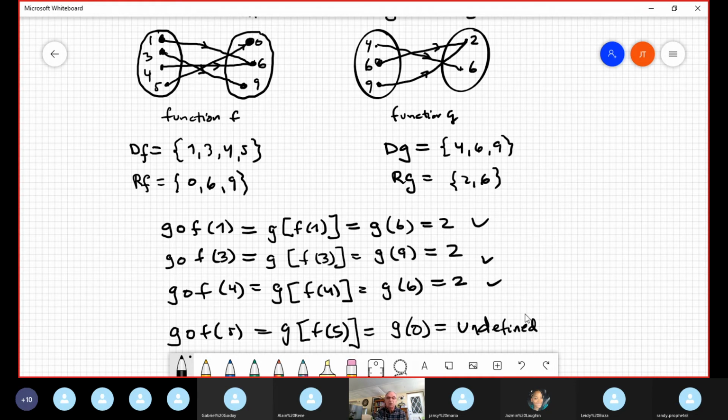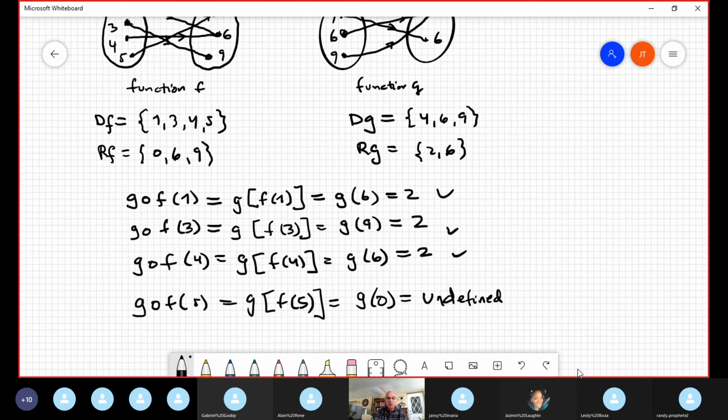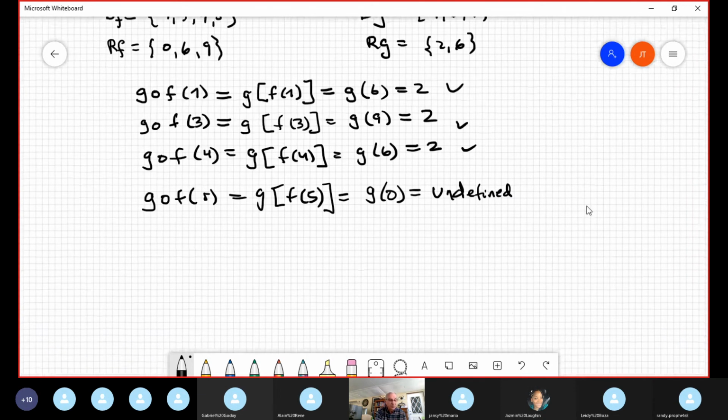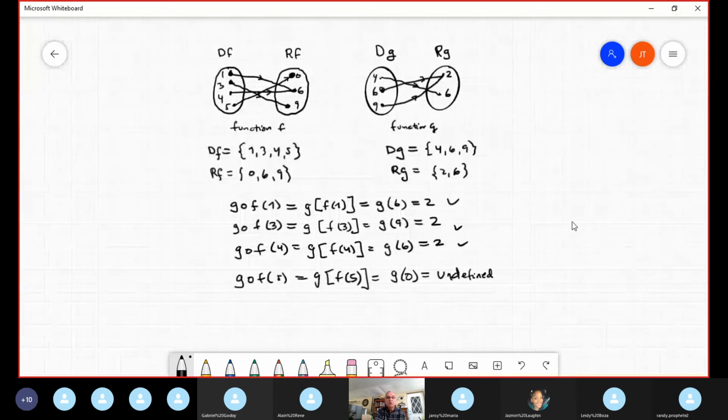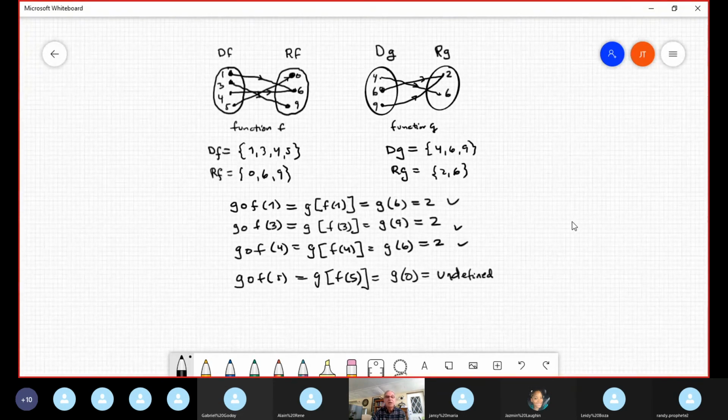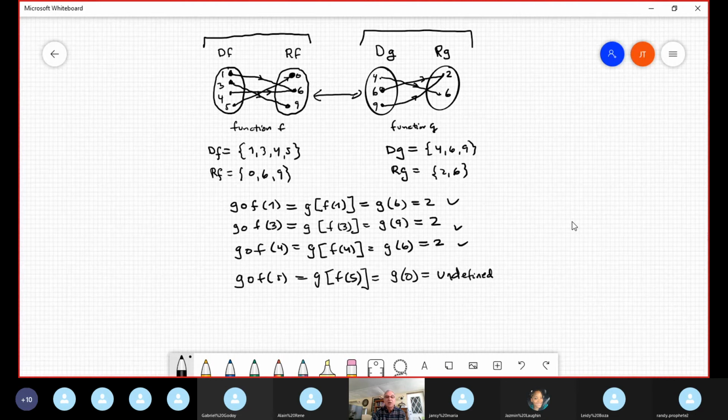So, to complete the question: what is the domain of the composition? Let me try. The thing that we are doing is the composition of this function and this function. Therefore, you intersect this and this. The range of f and the domain of g do not have the same values.